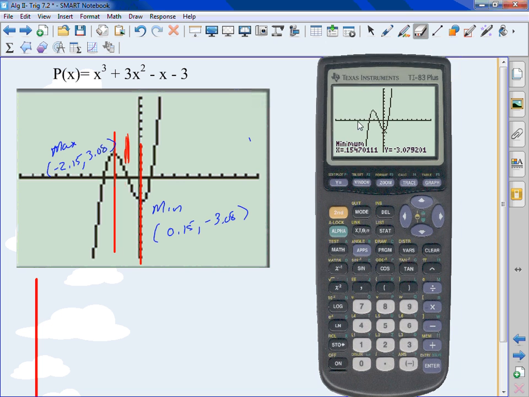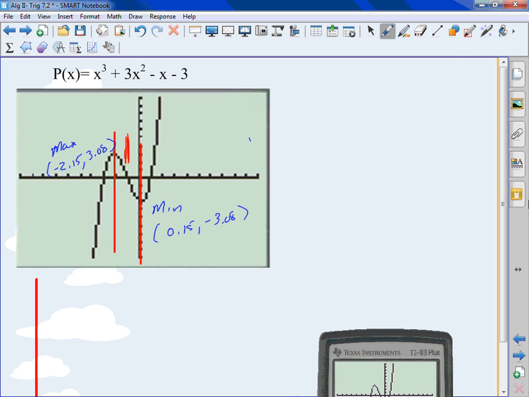Now we're going to write the intervals. I'm going up, so I'm increasing, and I'm decreasing, and then I'm increasing again. We're just talking about the x values.